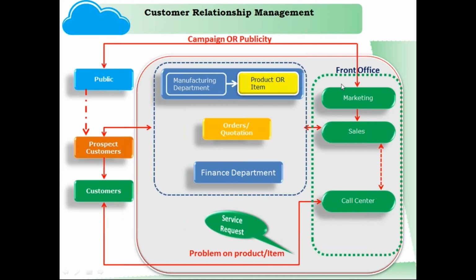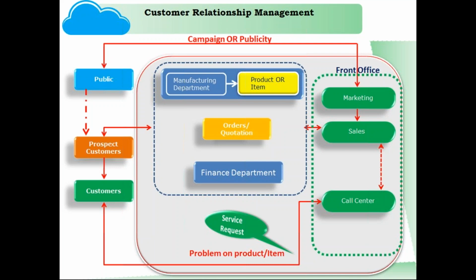Once the marketing department receives the product from the manufacturing department, they will enter all that product information into the marketing application. Who will use these CRM based applications? Mainly the front office. In any organization there are mainly two divisions, back office and front office.